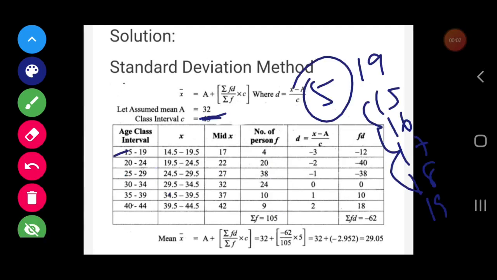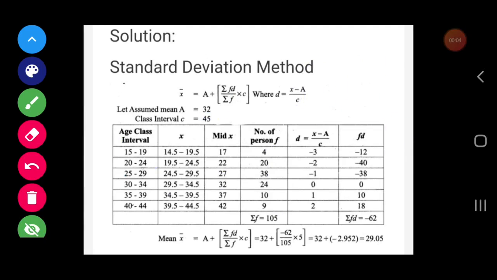Next we have to choose the class interval. The class interval is the distance between the lower limit and the upper limit, which is 5 here. They have given 45, which is wrong, it is 5 only.